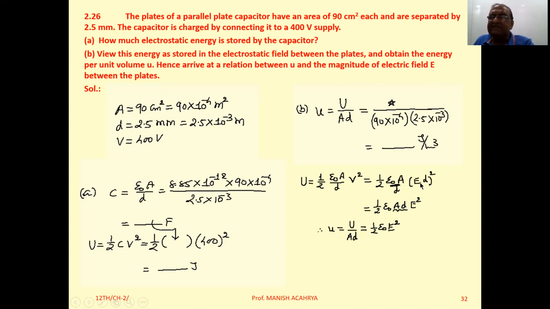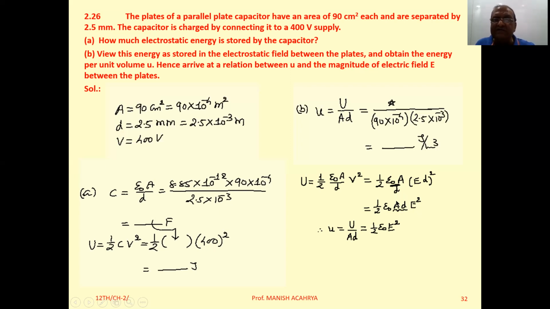But V is E into D. So we can write half epsilon 0 A by D into ED whole square. So half epsilon 0, now D square upon D will give you D. So we can write half epsilon 0 A into D into E square.